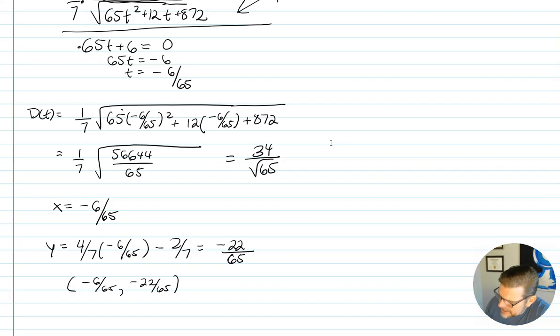So your big points here as we're doing this one: 1, you need the distance formula. You need an actual formula in order to minimize, and that's a principle for minimization you should remember.